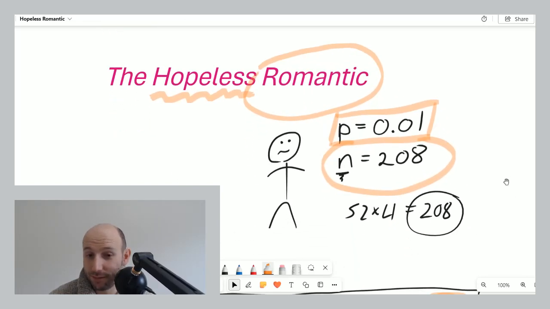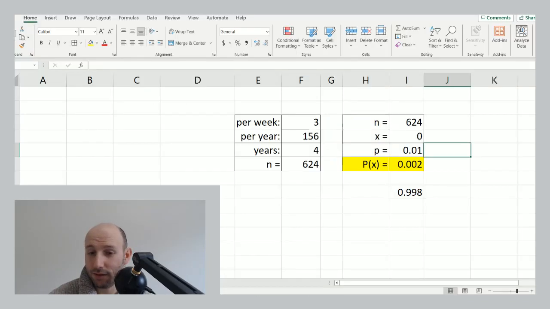So if you ever wonder, how is it that most people eventually find someone? Well, that's how. And 4 years might seem like a long time, but from, say, 19 to 23, it's not that long compared to someone's entire lifespan.